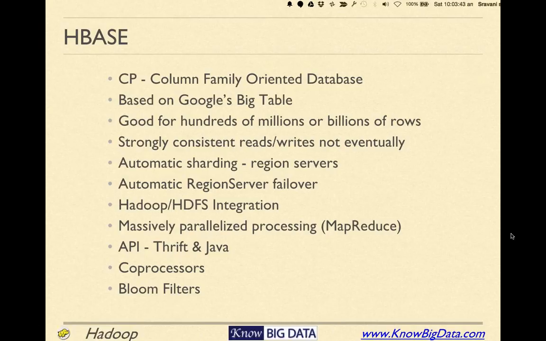It has automatic sharding, where data is automatically divided onto multiple computers, and those nodes are called region servers. If one region server or machine goes down, there is automatic failover. There is also strong integration with Hadoop and HDFS, because HBase stores its data onto HDFS.